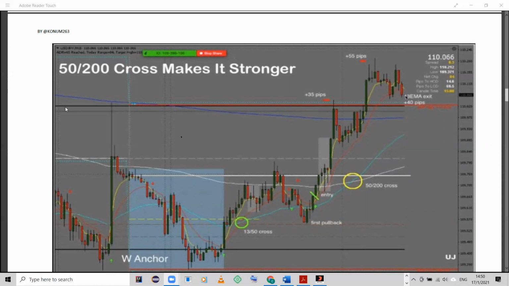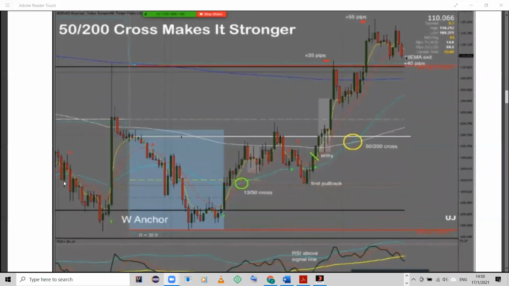So back to the basics, back to what we've talked about. There's a big old multi-session W here, as you can see. And within that multi-session W, let me indicate it again, we got this little W here, forming a 1-2 trade.